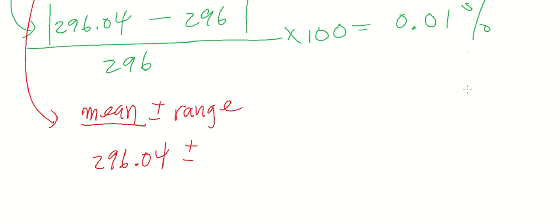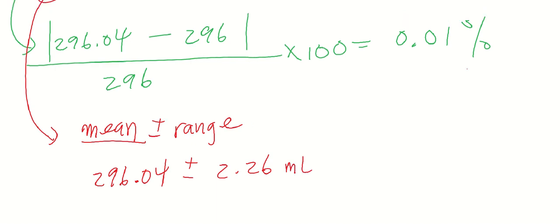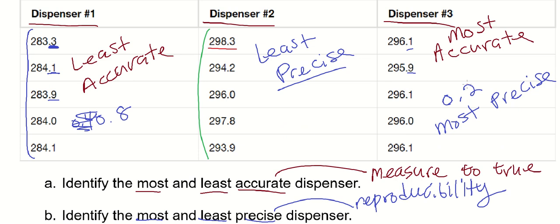296.04 minus 298.3. And so that's going to give us a plus or minus 2.26 milliliters. And let's find the smallest number. This one looks like the smallest number, 293.9. So I'm going to do 293.9 minus the mean, 296.04.